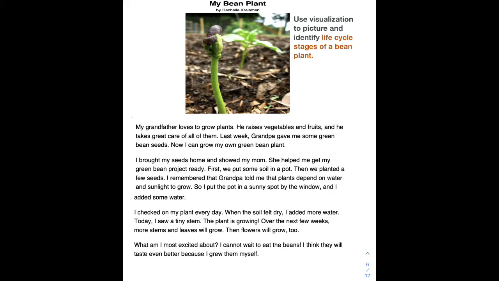We're going to look at the passage with a new focus. The focus this time is to use visualization to picture and identify life cycle stages of a bean plant. You get to close your eyes while I read. You are going to close your eyes because you're going to be putting pictures in your mind as I read.